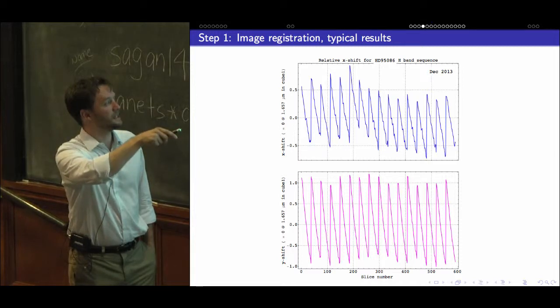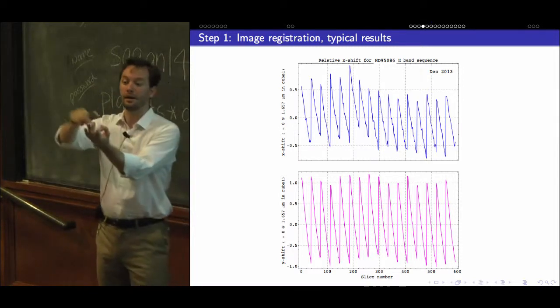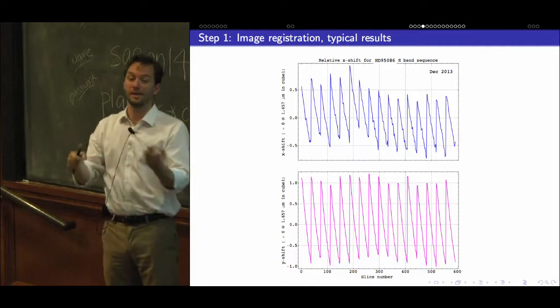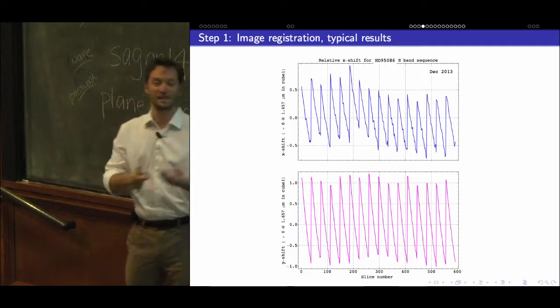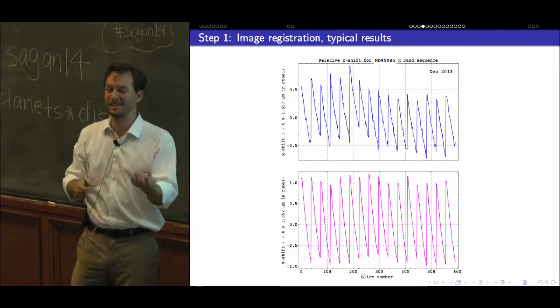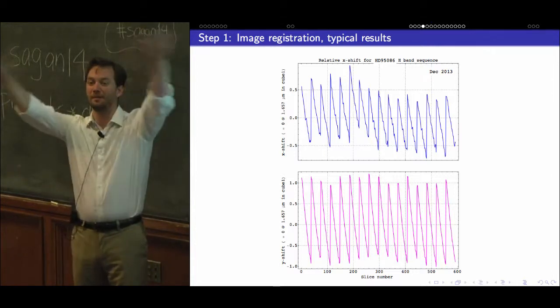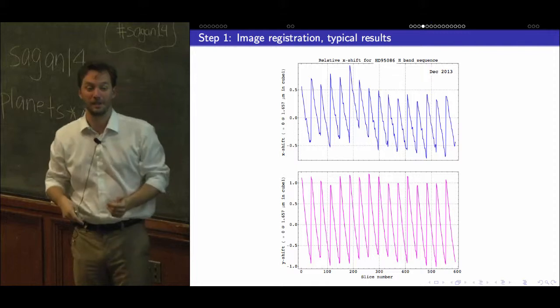I mean, not so nicely, but this motion here is simply the star that's moving on the detector as a result of atmospheric differential refraction. When we were discussing that a few days ago with Marshall, he gave me this really neat explanation: think of the atmosphere as a prism, and it's just going to disperse and move the star a little bit on your detector.